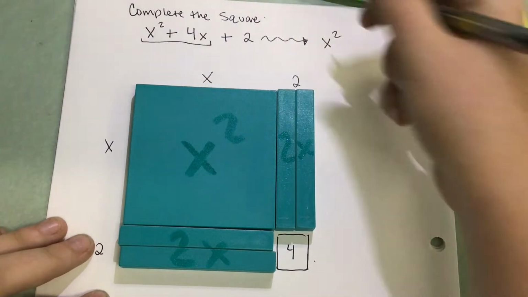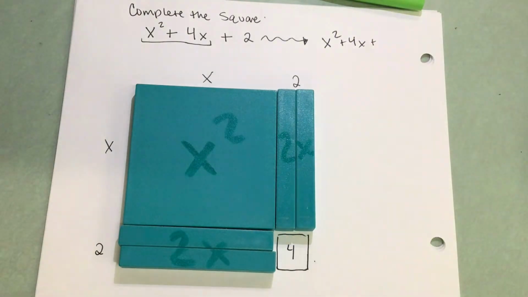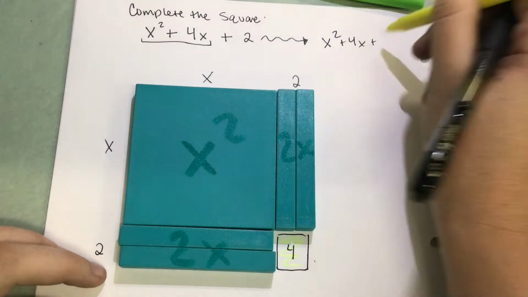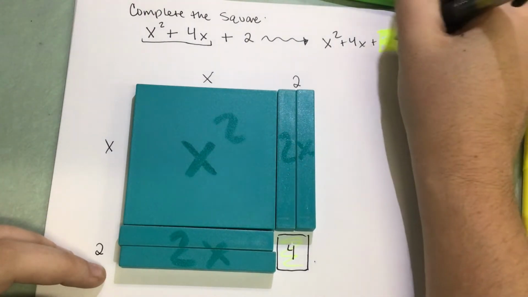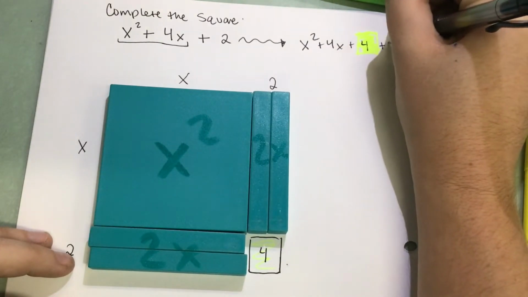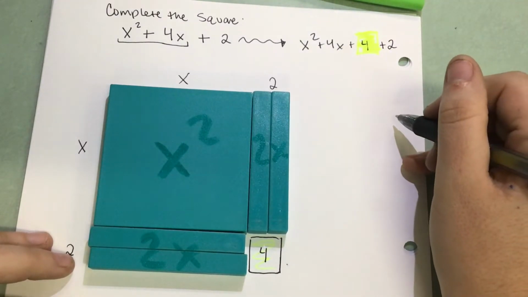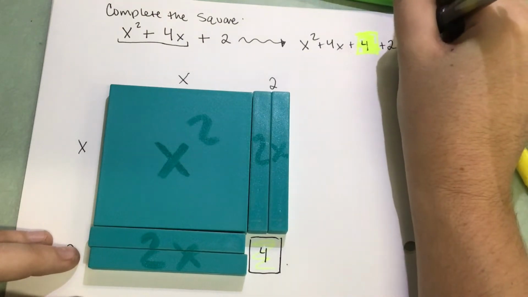X squared plus 4x, I need 4 pieces. I had 2 pieces. If I add 4 on this side, I'm going to have to subtract 4 over here.